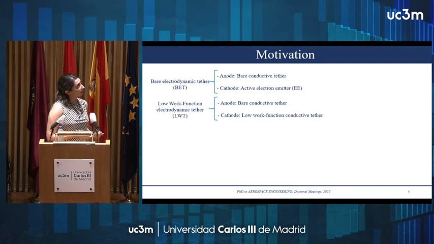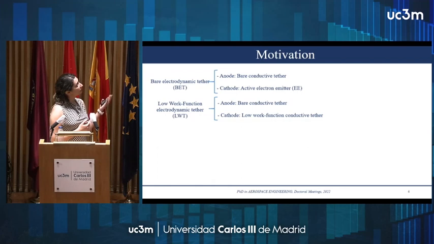In this thesis, we deal with both bare electrodynamic tethers and low work function tethers. In both cases, the anodic segment is a bare conductive tether which collects electrons from the ambient plasma passively.